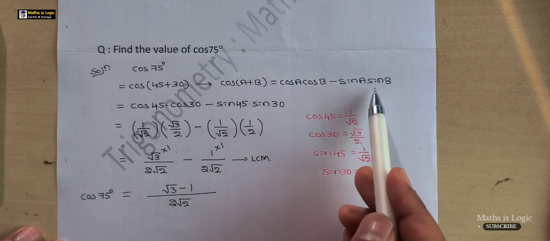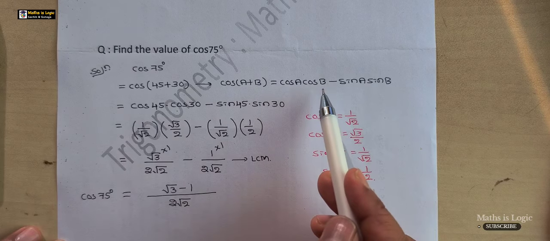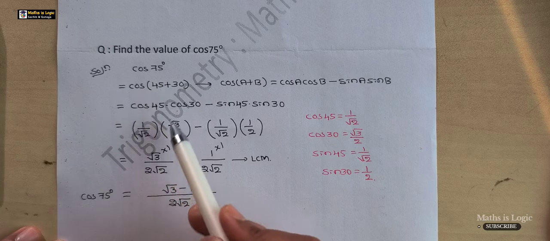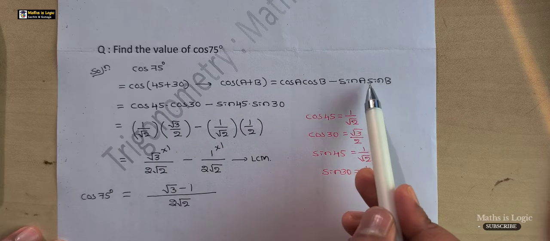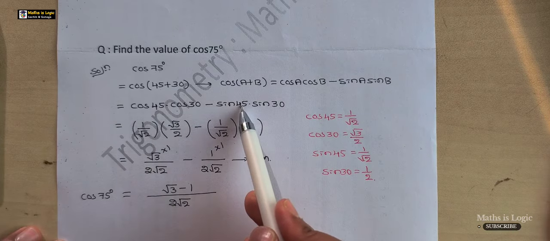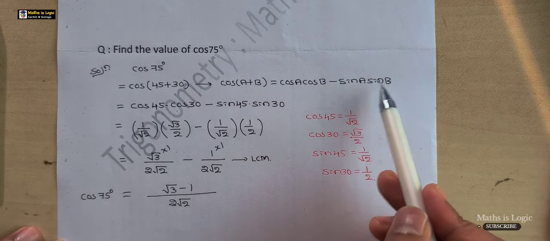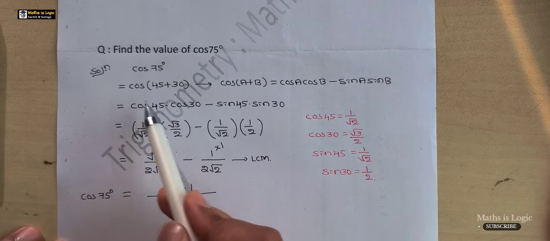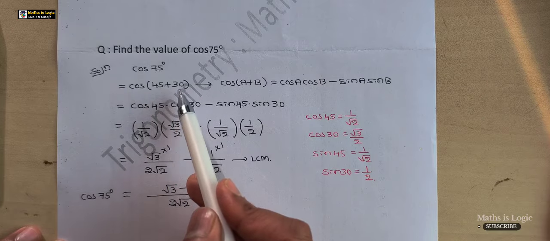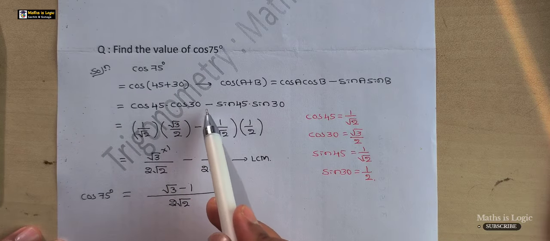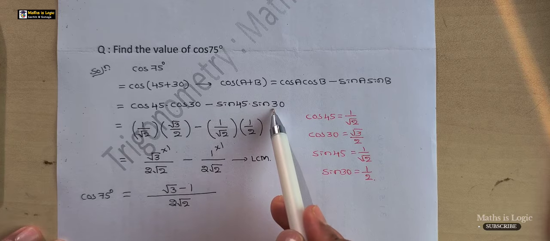Apply the cos(A plus B) formula: cos A cos B minus sin A into sin B. Remember, A means 45, so wherever A comes, replace by 45. B means 30 degree, so wherever B comes, replace by 30. So cos(45 plus 30) becomes cos 45 into cos 30 minus sin 45 into sin 30.